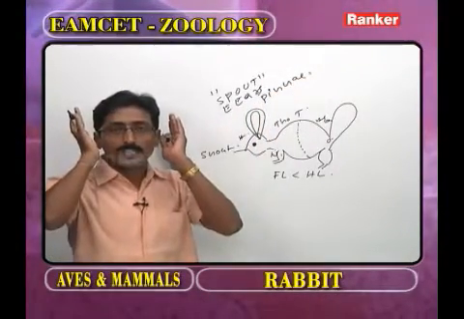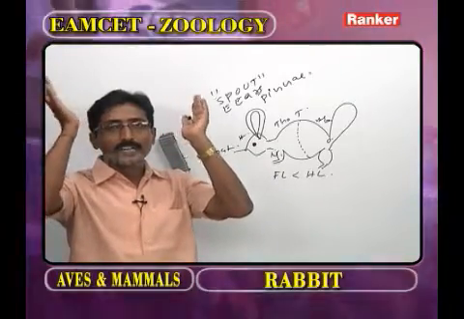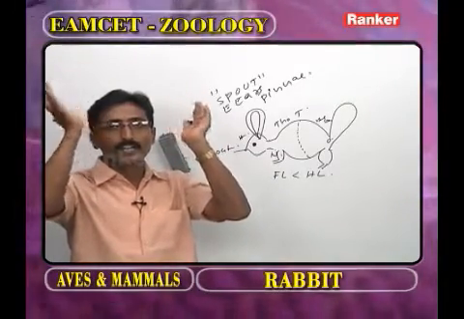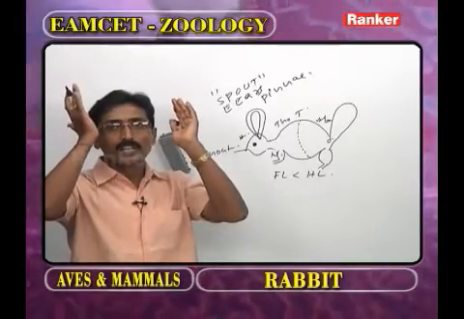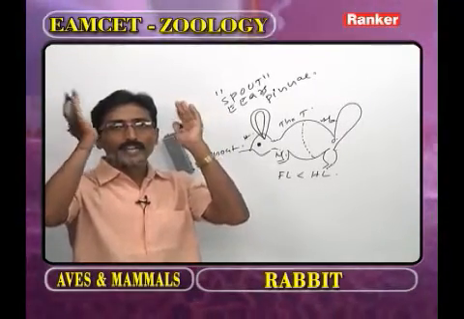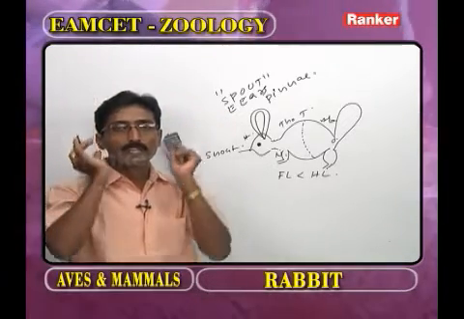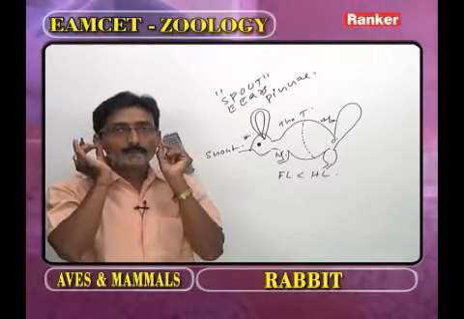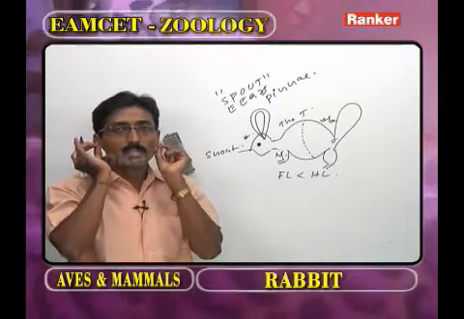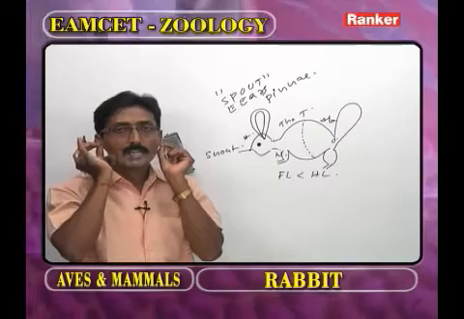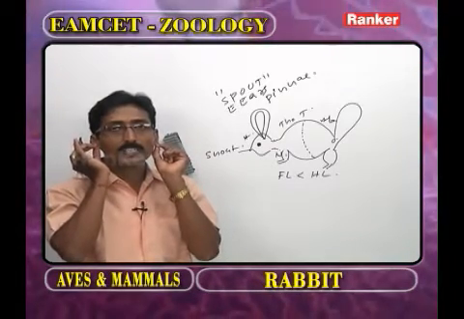Now, the external ears of rabbit are very large and independently movable. Because of the presence of large external ears, the rabbit can receive the sound vibrations from the surrounding environment. But in our body, the external ears are small in size, and we are unable to move them, because the muscles are vestigial.